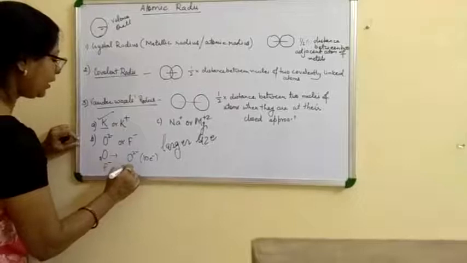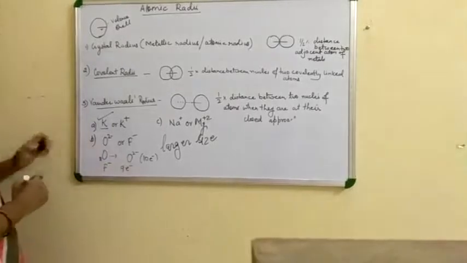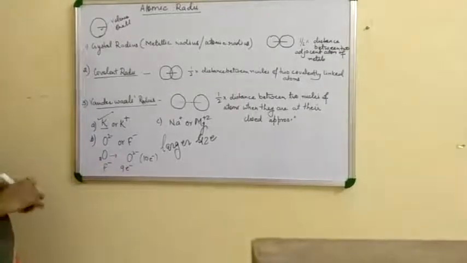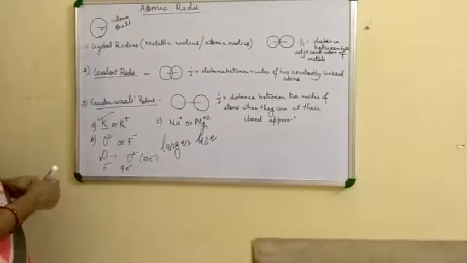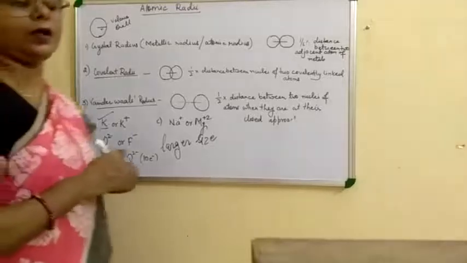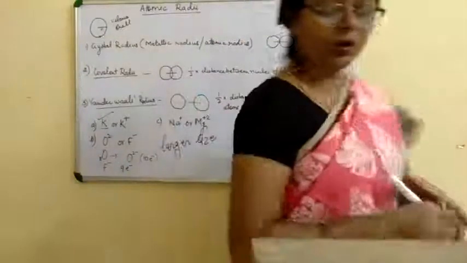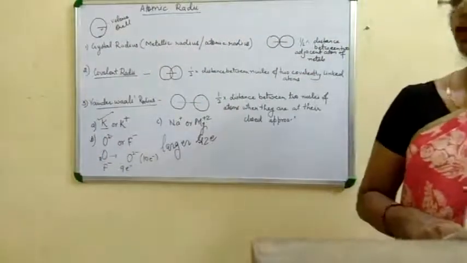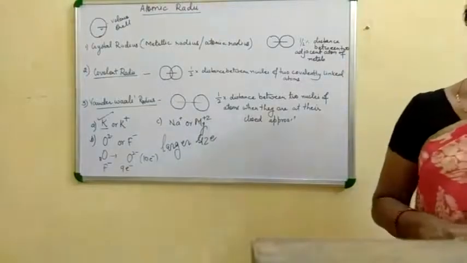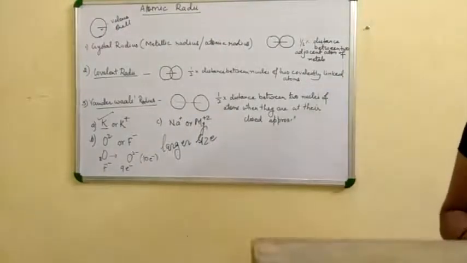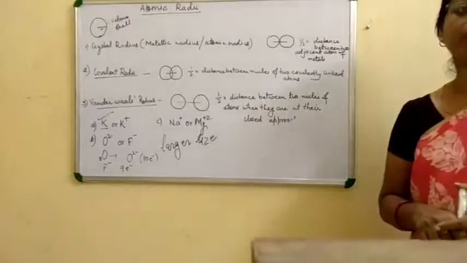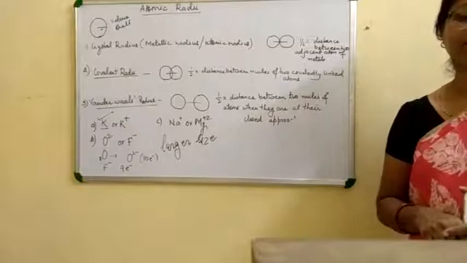Fluorine contains 9 electrons. So, in case of oxide ion O2 minus and fluoride ion F minus, O2 minus would be bigger than the fluoride ion.